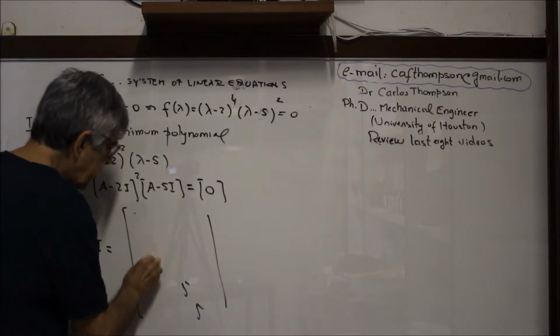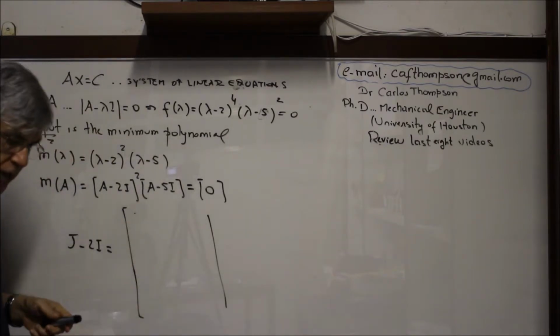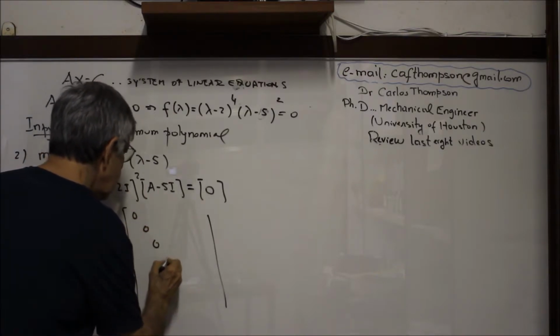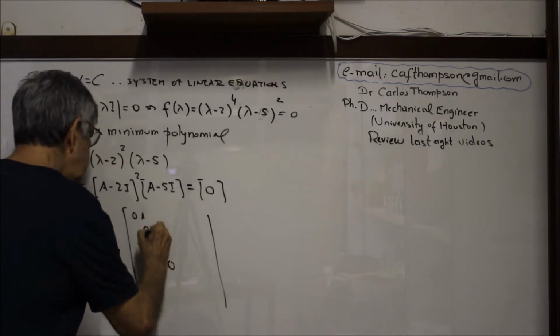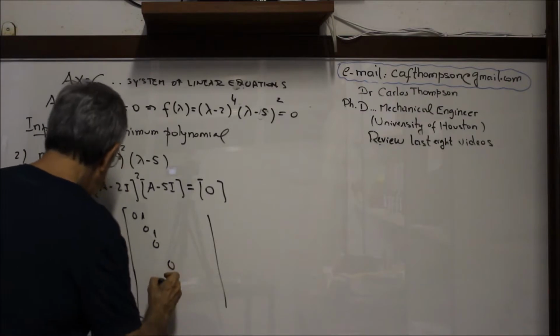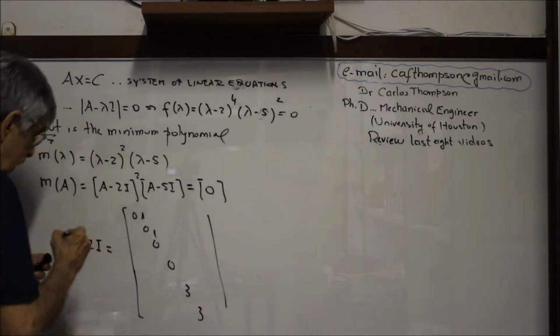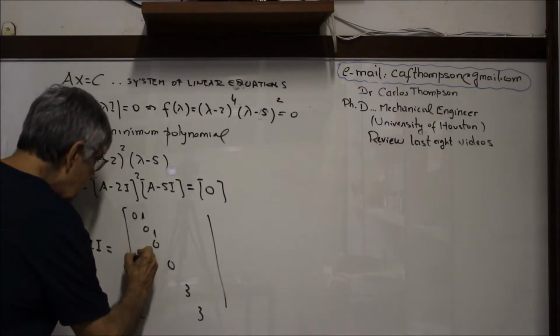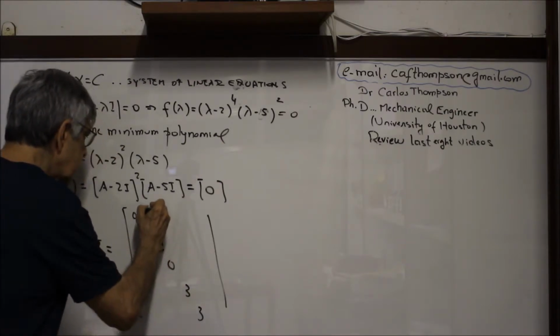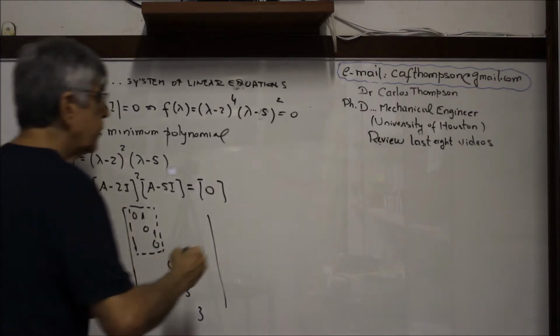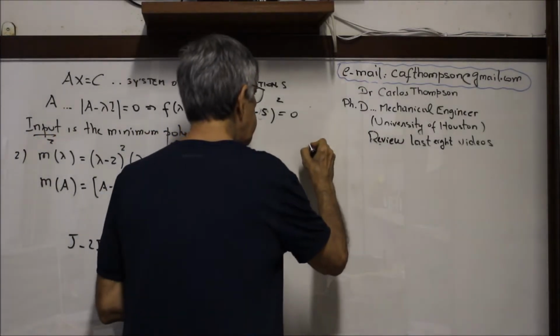I'll erase here, it'll be faster. I have 0, 0, 0, 0, 1 here and 1 here. This will be 3 and 3. Look, do you remember? I have this block over here. This block is different.